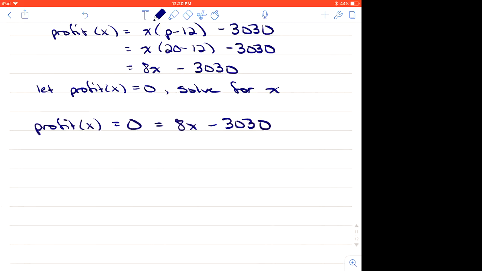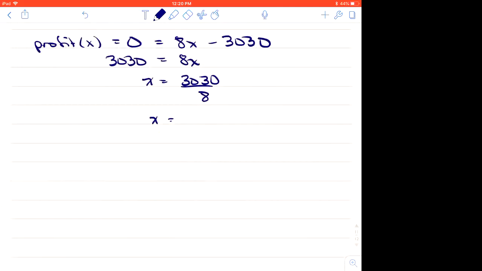I'll move the 30 over to the left-hand side, so I get 30 is 8x, so x must be 30 divided by 8. X must be 3.75.